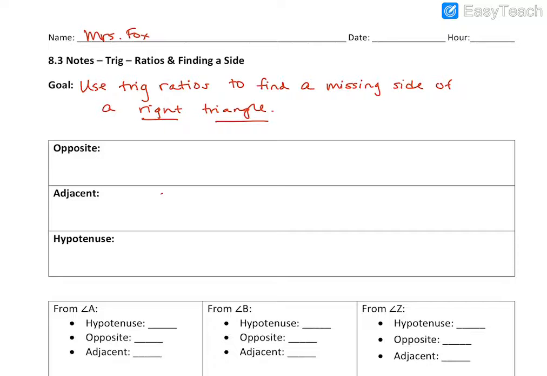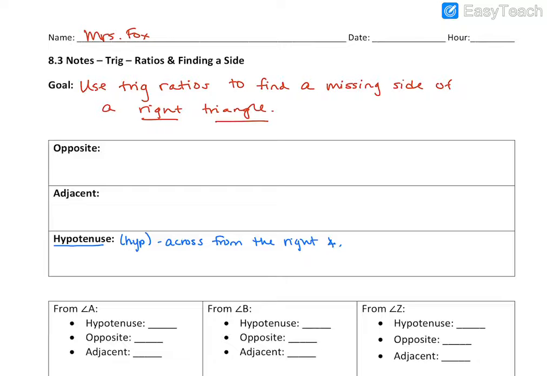Okay, so the hypotenuse is obviously going to be a hypotenuse. And you guys know where to find that, across from the right angle. And we can abbreviate it. So it's across from the right angle. It's always going to be the same.